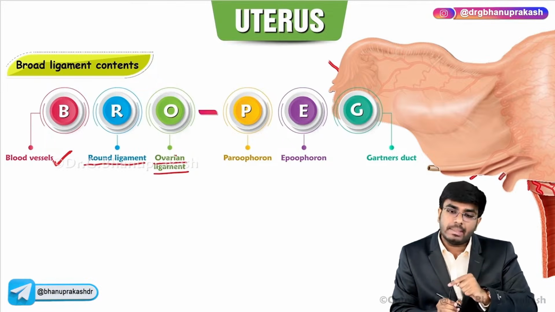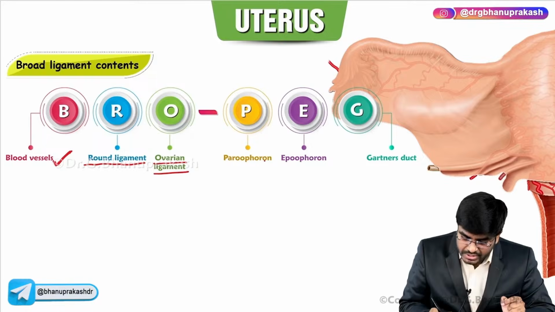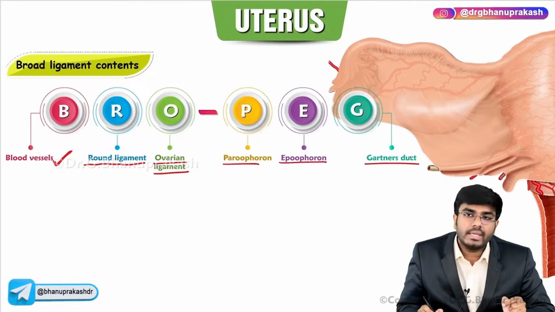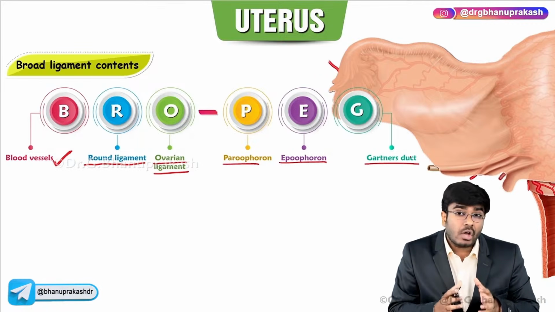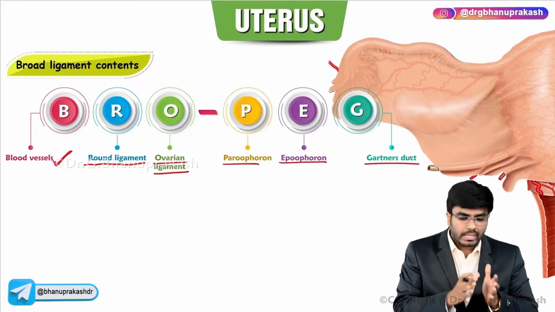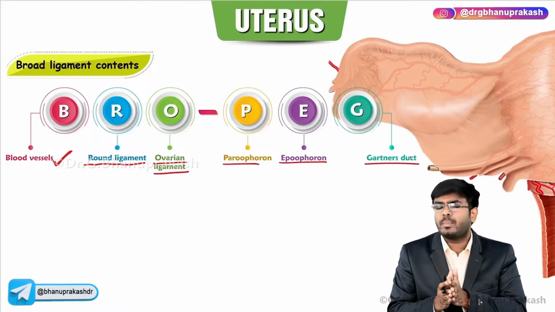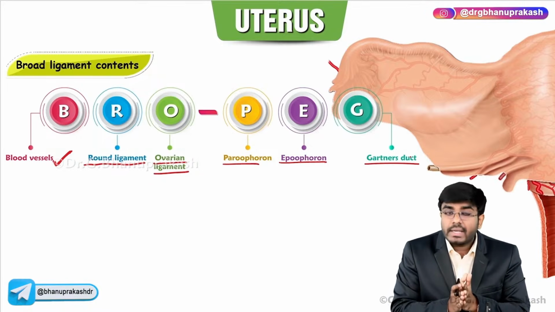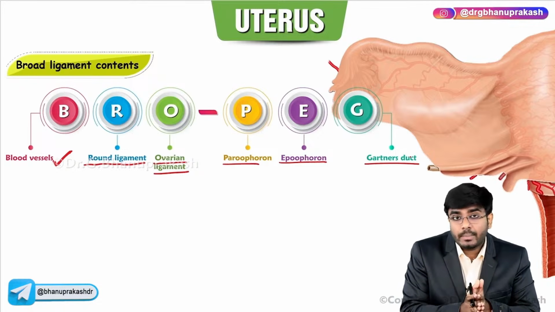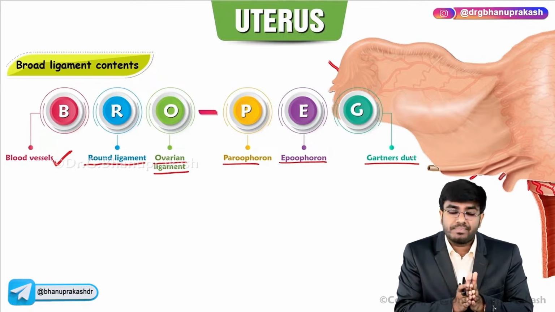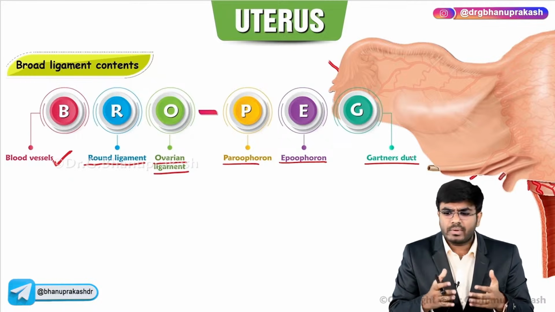And PEG. These PEG structures are vestigial structures. They are nothing but the remnants of the Wolffian duct inside a female. Even females have this Wolffian duct. Actually, the Wolffian duct forms the male reproductive organs, right? The Wolffian duct is also present in a female embryo, but it will regress, because the female embryo doesn't have testosterone.